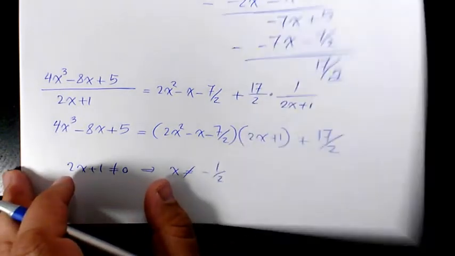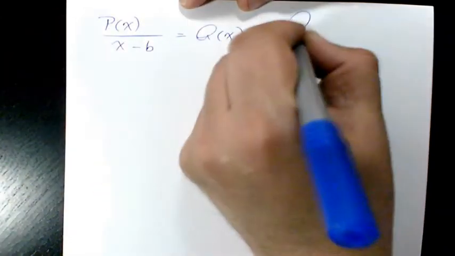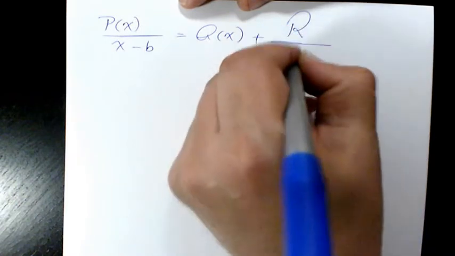So basically, in general format, we can say if you divide p(x) over x minus b, it's going to give you the quotient plus the remainder over x minus b.